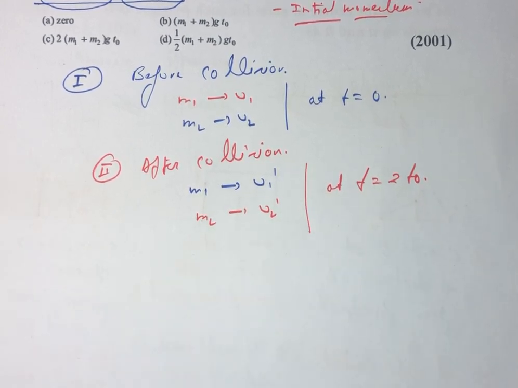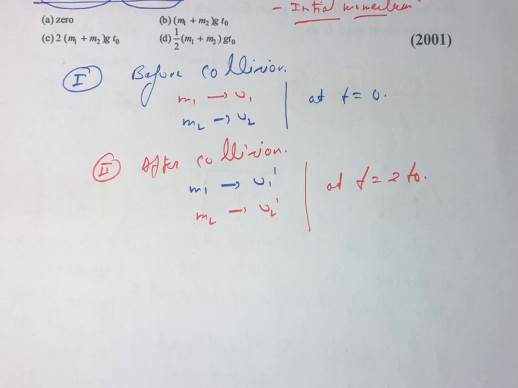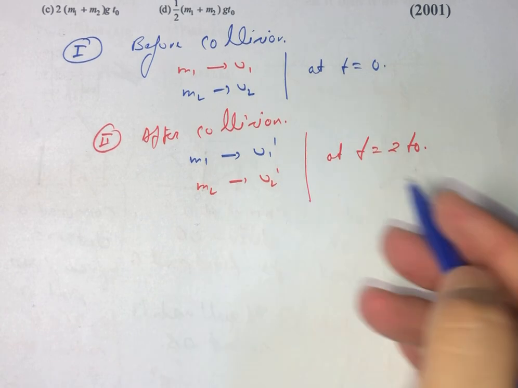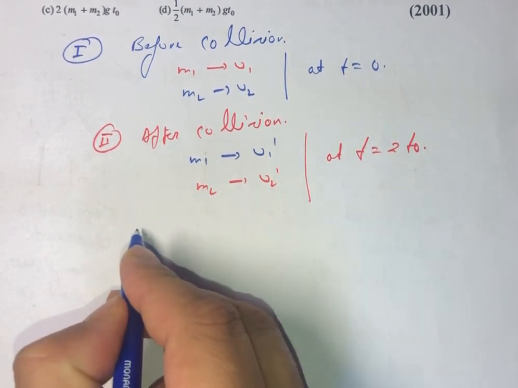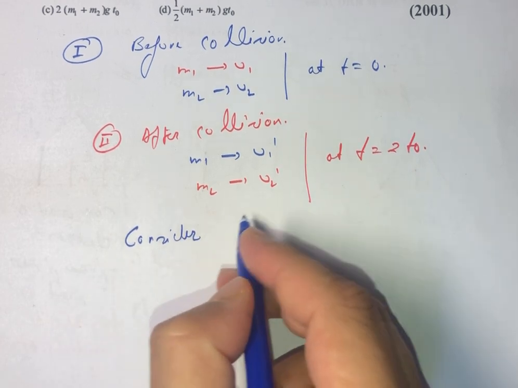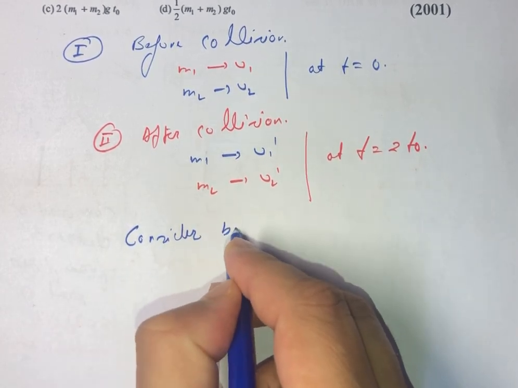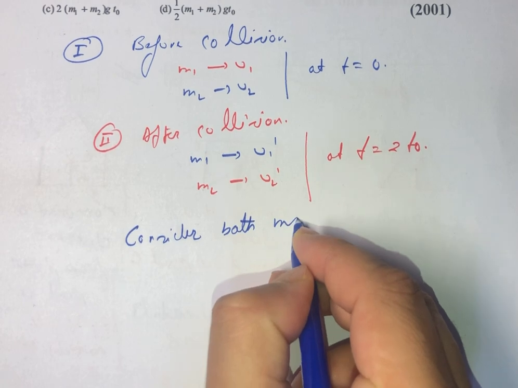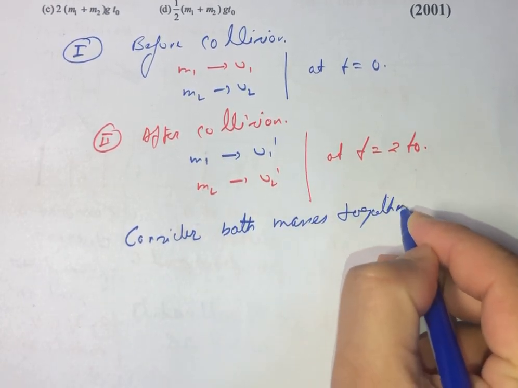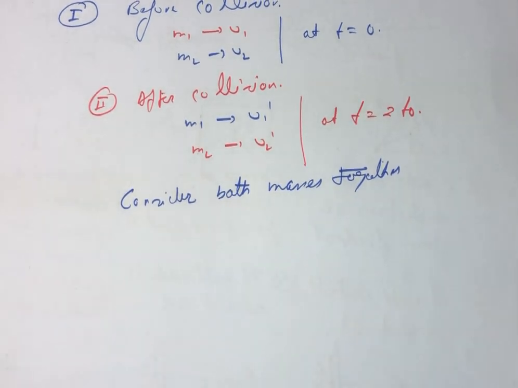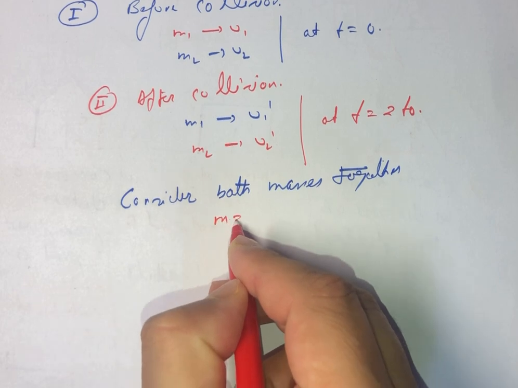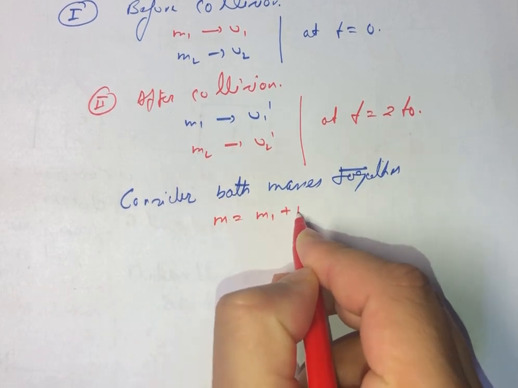So let us consider that the combined mass of both the particles, considering both masses together, that they both having mass, total mass is m, which will be then equal to m1 plus m2.